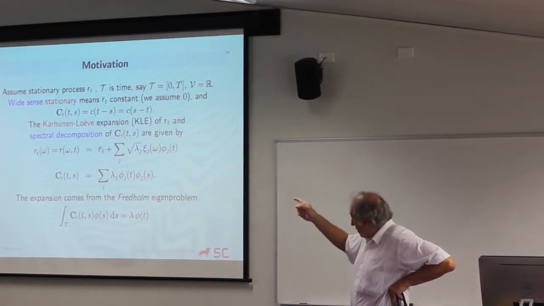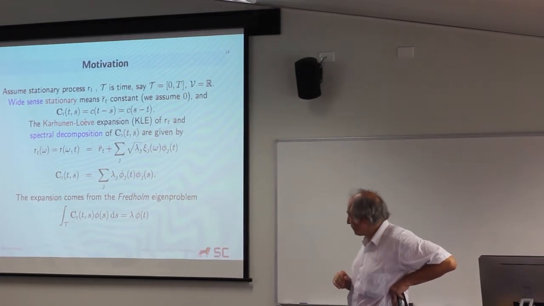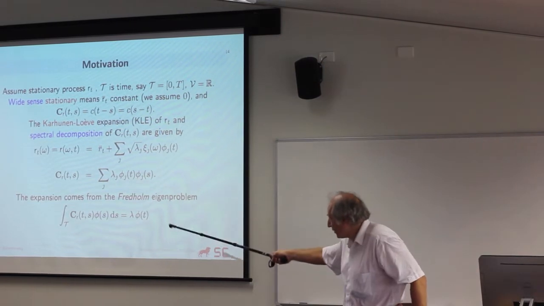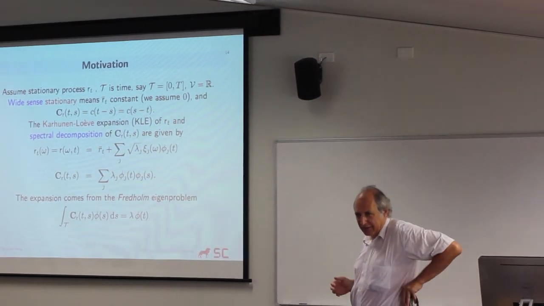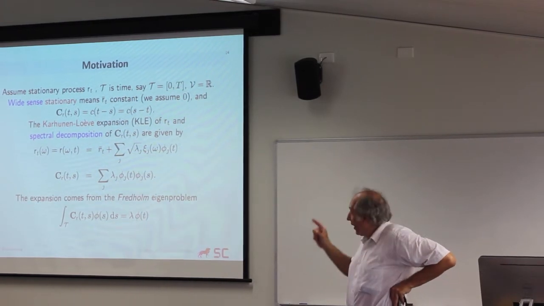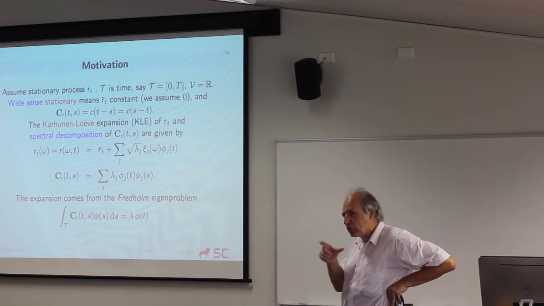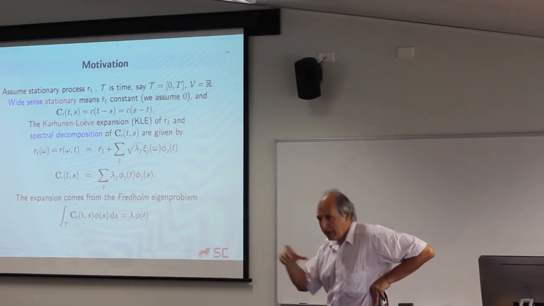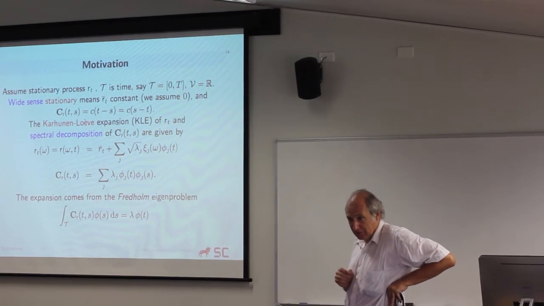Now, C, the covariance, can be seen as an operator in this integral equation, which we have down here. Before it was a matrix, but it's pretty obvious it can be seen as a linear operator. Okay? And what it means to be shift invariant is that this operator commutes with this translation operator. Okay? Because it's invariant under shift.